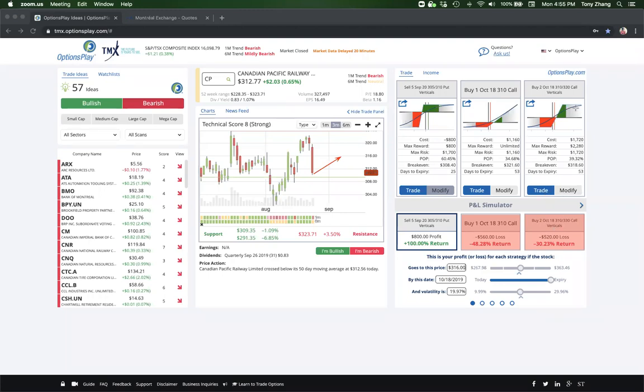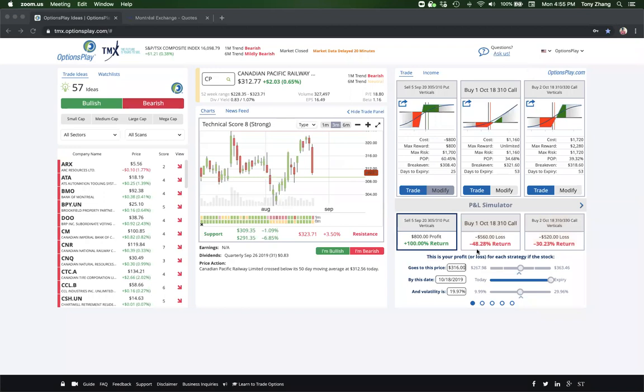The same thing on the debit spread, which is designed to minimize that a little bit. As you can see here, instead of losing $560, I'm losing $520 on the call spread. So both result in a fairly substantial loss, even if I call the direction correct.